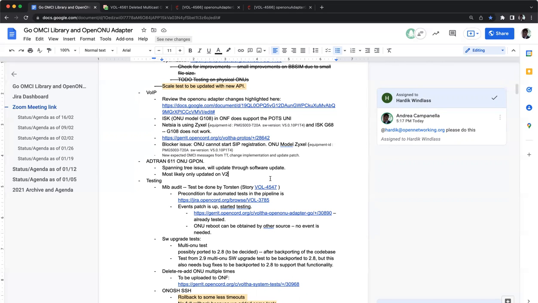On the MIB audit, I don't believe there is an update from Torsten, because I know he wanted to work on this after some other tasks. Do you know if there is any update here? Actually, it should be solved, because there was an issue in the ONU adapter.